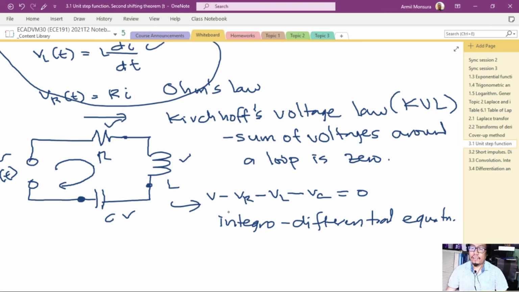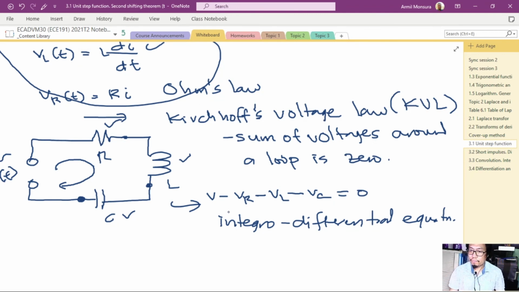It is just that there are easier ways to work on this rather than forcing yourself to deal with an integral differential equation.